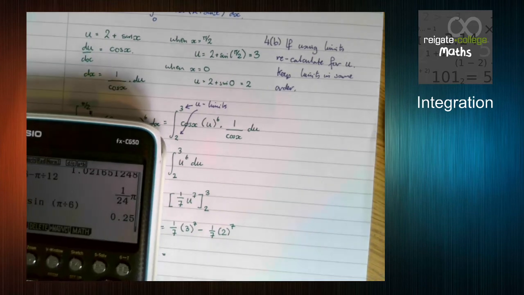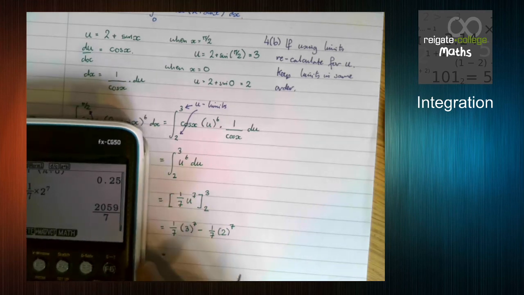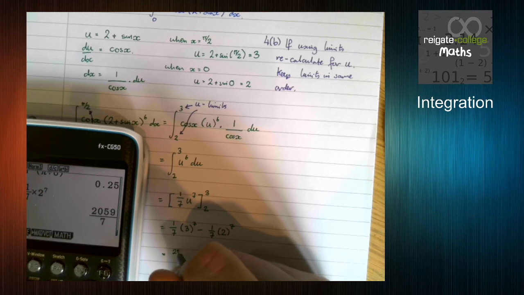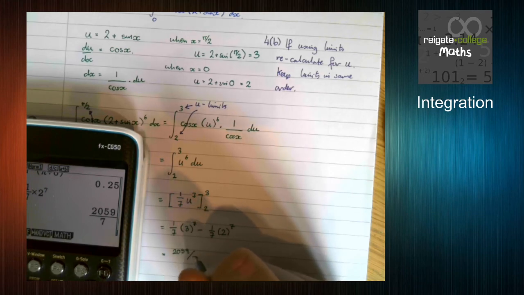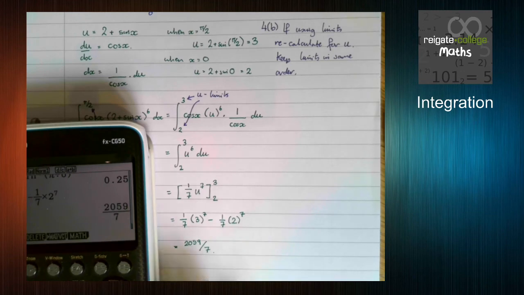So we get 1 over 7 times 3 to the power of 7 minus 1 over 7 times 2 to the power of 7. And it gives us 2059 over 7. And typically you're expected to give your answer as some unpleasant fraction.